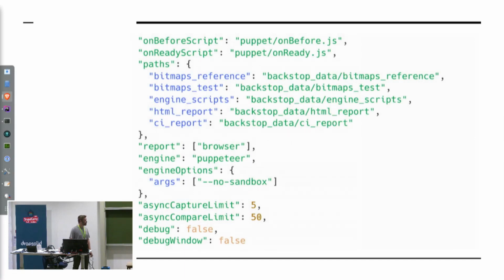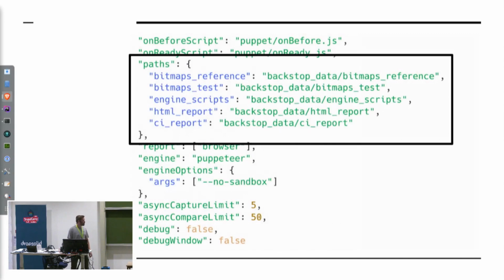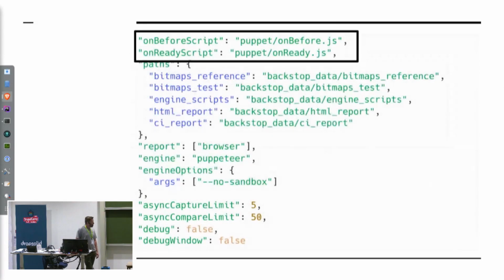Some other options. For example, the paths: you can tell Backstop to store its reference and test screenshots somewhere else. By default, it's these folders, but you can specify anything you like there. Another very important one, the before and on ready scripts.